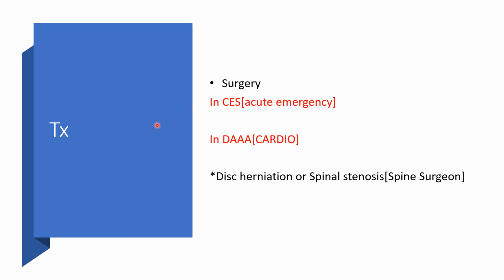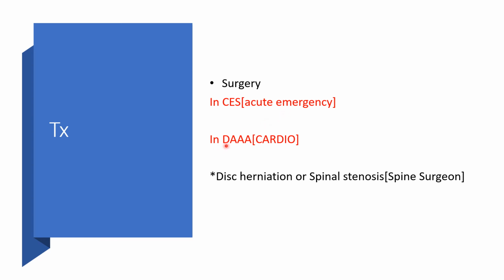Now, you've done everything so far, and you need surgery. Well, let's see where and when surgery will be required. If it is Cauda Equina Syndrome, that is an acute emergency. Surgical decompression, laminectomy, will be required right now.